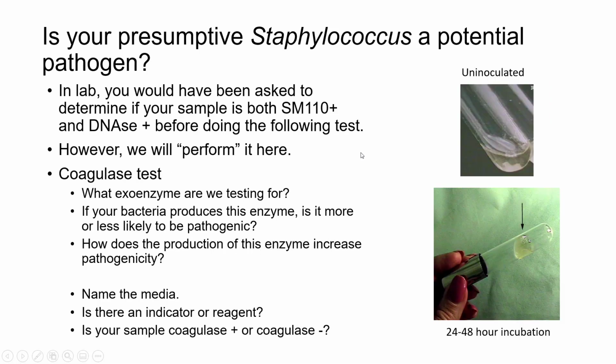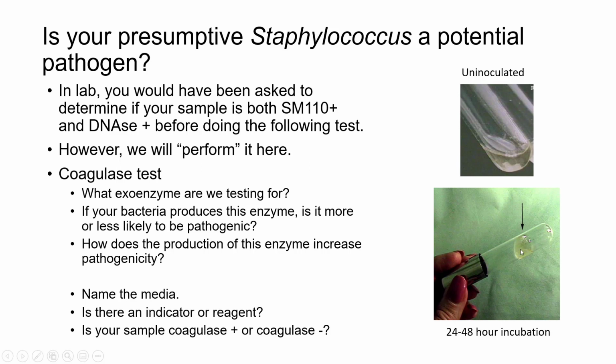The last test is called coagulase. It's kind of a weird test. You take a loopful of your specimen, you put it into rabbit plasma. You probably know that plasma is the liquid in the blood when you remove the cells from the blood. And so you take rabbit plasma. I don't know who first figured this out.